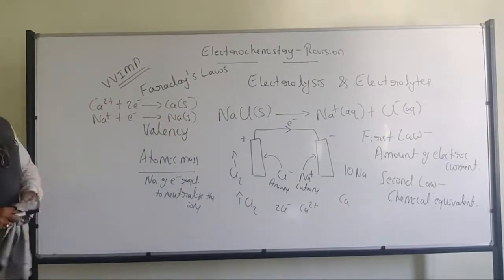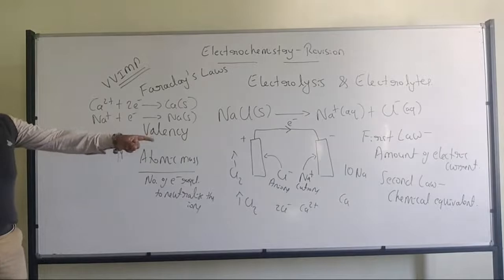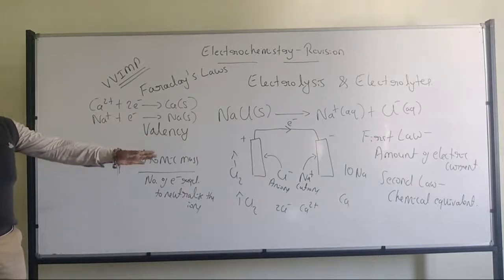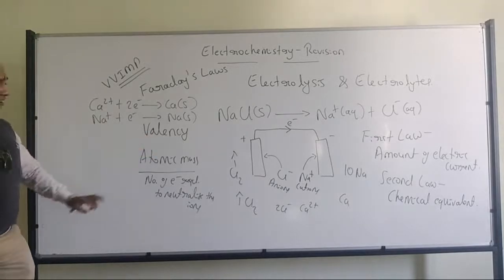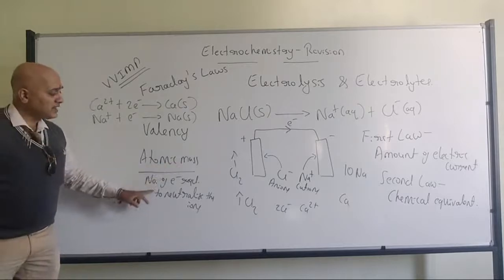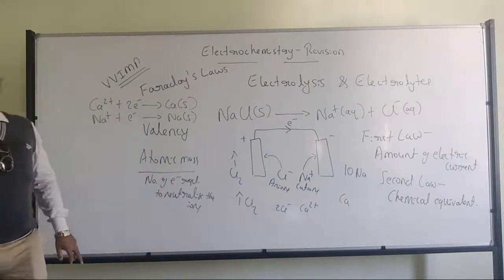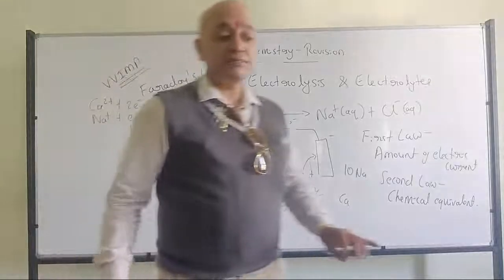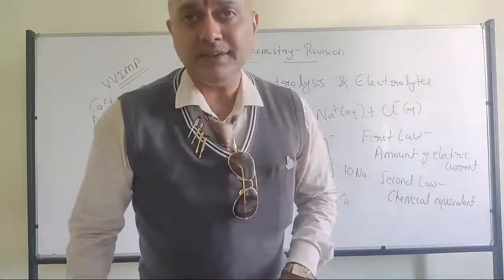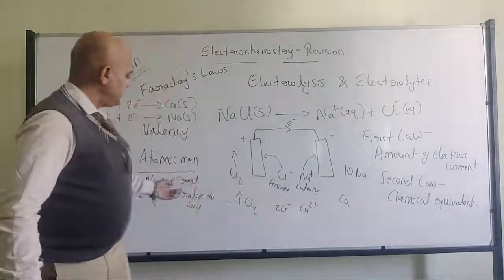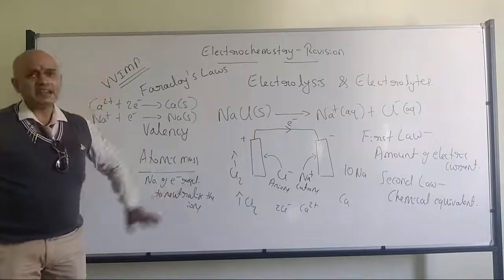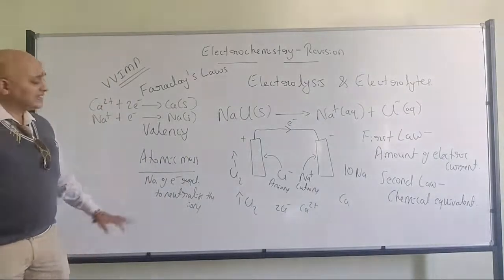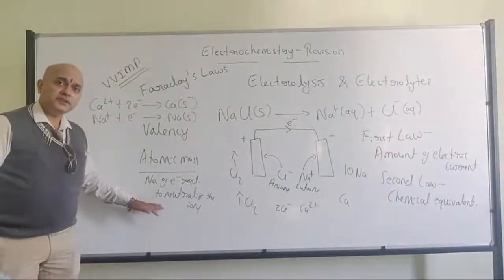That's where they differ in their chemical equivalent mass, or you can just call it equivalent mass, because it is atomic mass divided by the number of electrons required to neutralize this particular metal ion. Actually it should be cations. All of you have understood?